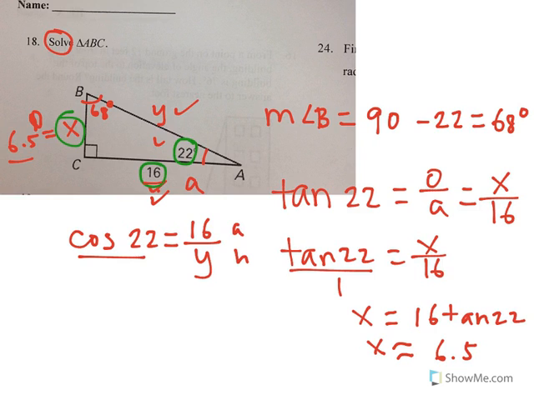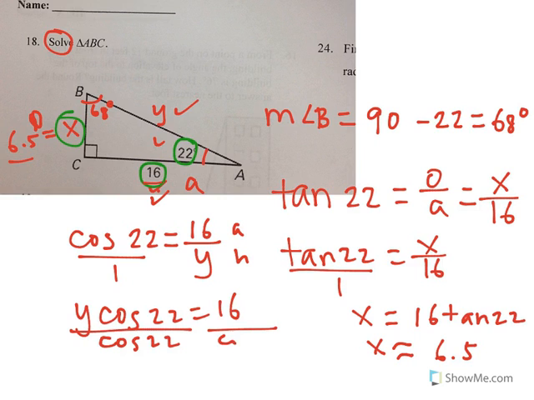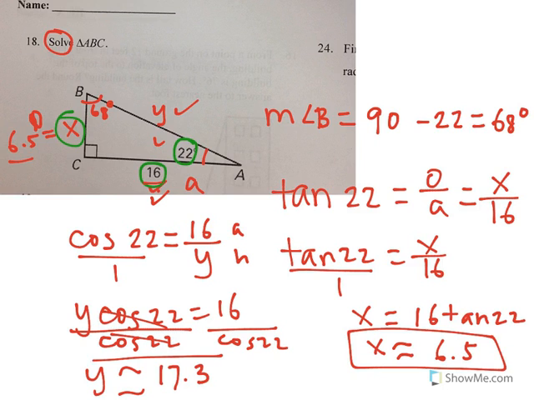And so again, put a 1 underneath, cross multiplying, and we have y times the cosine of 22 equals 16. To get y by itself, we're going to divide both sides by the cosine of 22, and so we have y is approximately 17.3. So those are the actual side lengths for the two sides of the triangle.